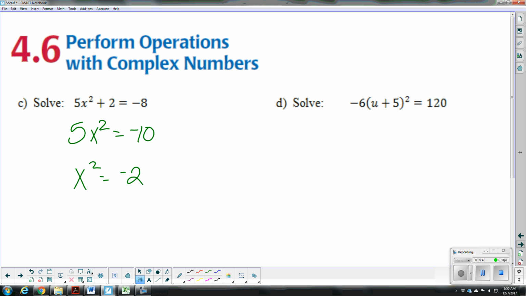And then take the square root of both sides, we get x equals square root of -2. And again, if you look back at that first property, if r is a positive real number, which 2 would be our r in this case, then the square root of negative r equals i times the square root of r. So we have x equals i times the square root of 2.